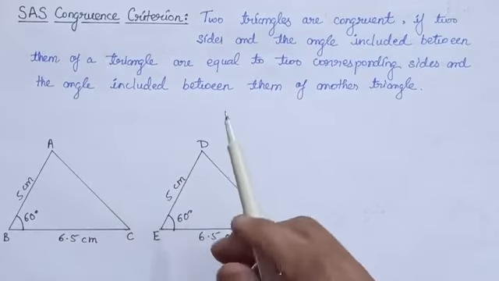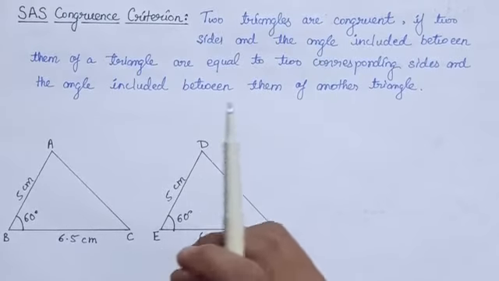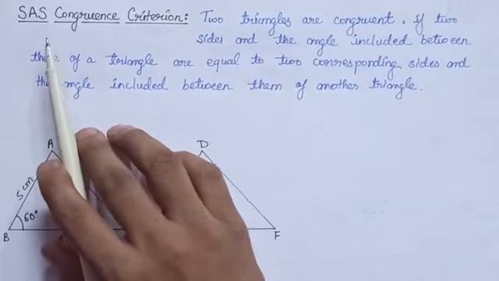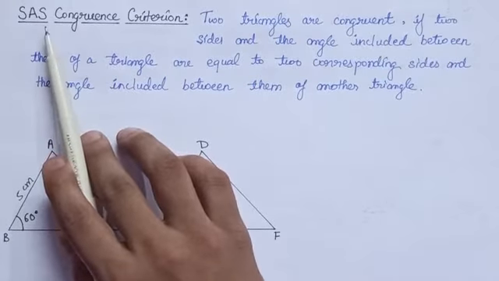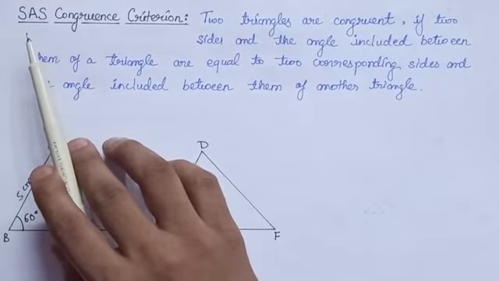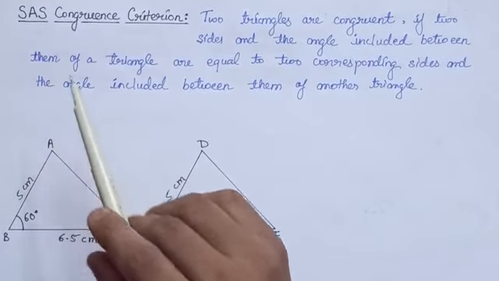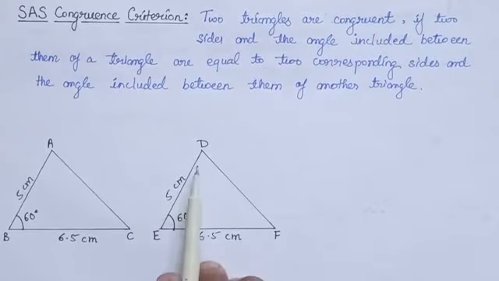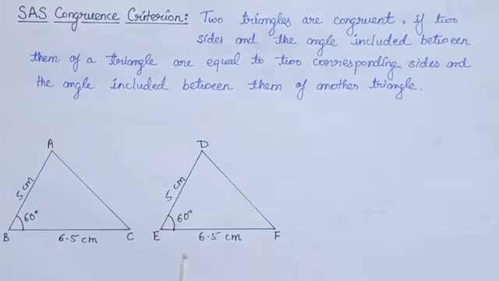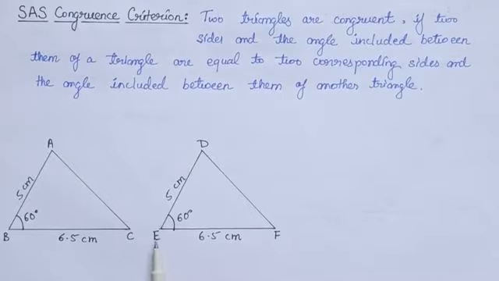If we have to show that two triangles are congruent by SAS congruency, then we have to take two sides and the angle included between them. Let us understand it with the help of these two triangles ABC and DEF. Here you can see angle B measures 60 degree and in this triangle angle E measures 60 degree. It means both these angles have the same measure.